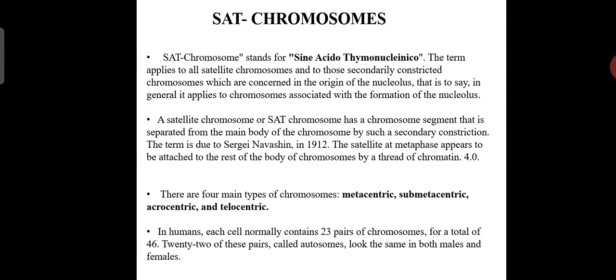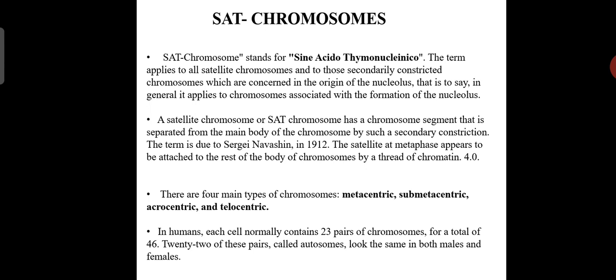The term applies to all satellite chromosomes and to those secondarily constricted chromosomes which are considered in the origin of a nucleolus. While studying the structure of chromosome, I told you about the secondary constriction and satellite body, nothing but a SAT chromosome. It is not present in all chromosomes, right? So here in general, it applies to the chromosomes associated with the formation of a nucleolus.